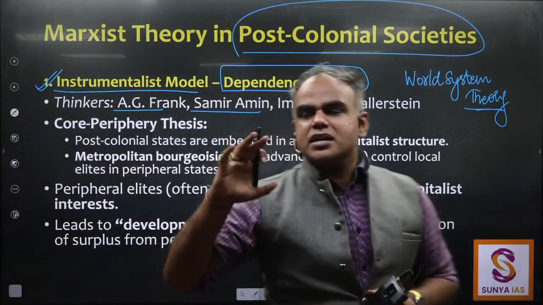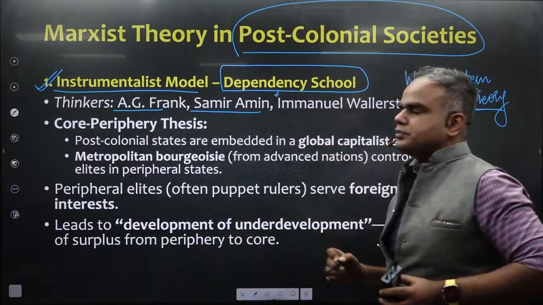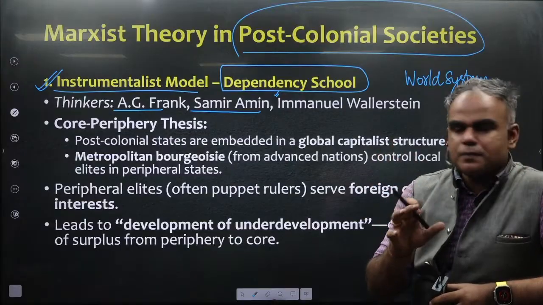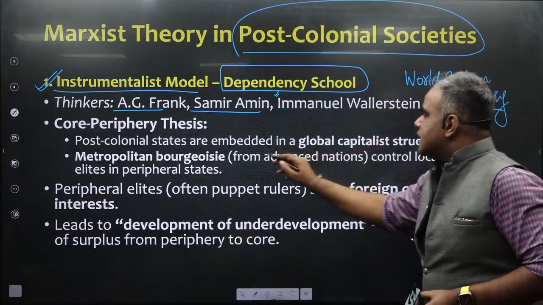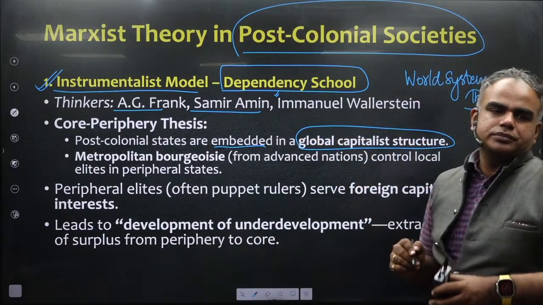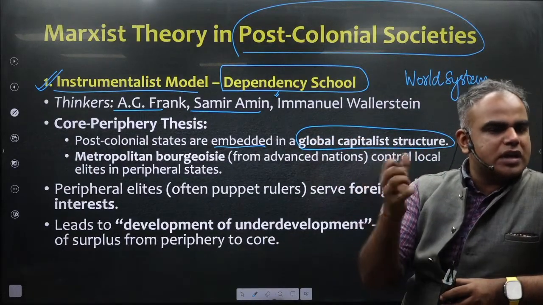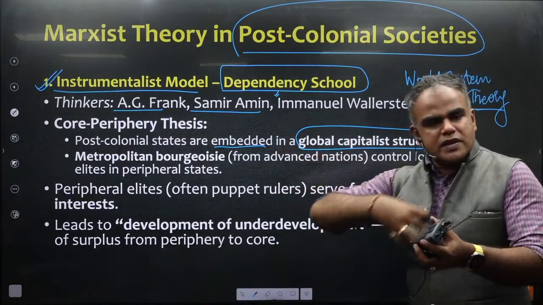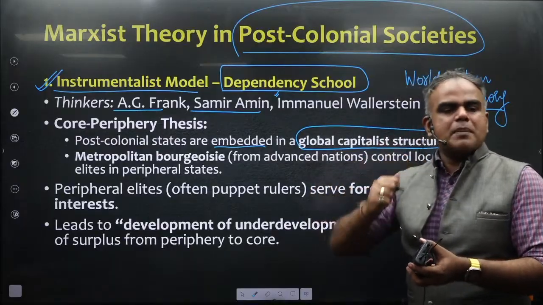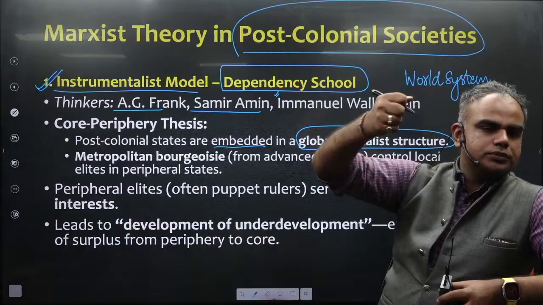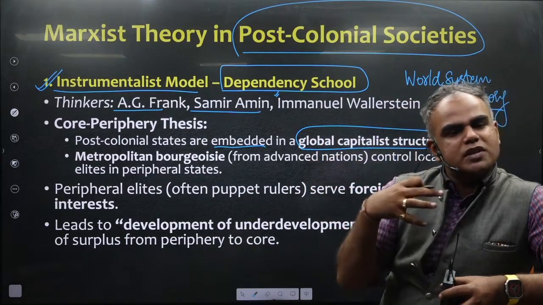Now to understand this, the keyword is dependency. The moment a state has been decolonized, it is embedded as a part of the global capitalist structure. You have to have loans or grants, relief packages, and so forth. You are trapped there, and the bigger states will keep on exploiting you, and whenever they give you aid you are always dependent on them.